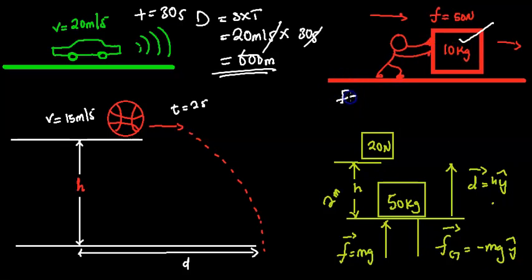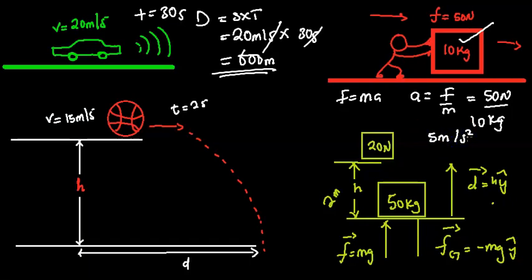When we say force, this is simply going to be F = ma, and in this case we are to find the acceleration. a is simply going to be F divided by m, which is the same thing as writing 50 newtons divided by 10 kg. If you divide 50 by 10, this is simply going to be 5. The unit of acceleration is simply going to be meters per second squared, so 5 meters per second squared.